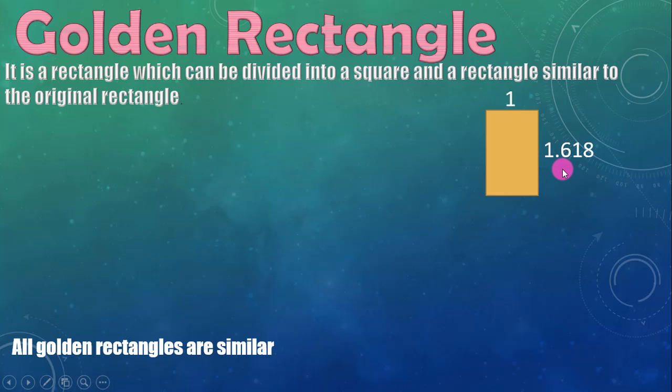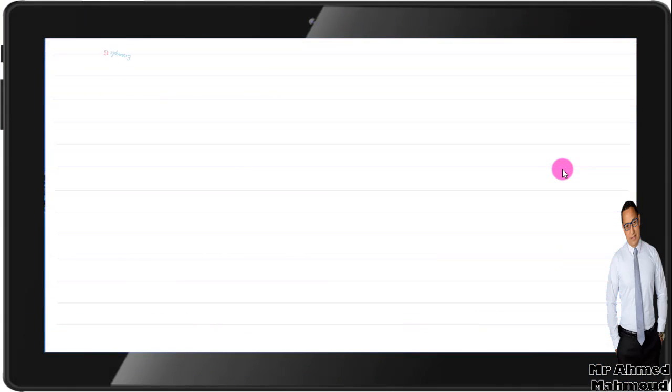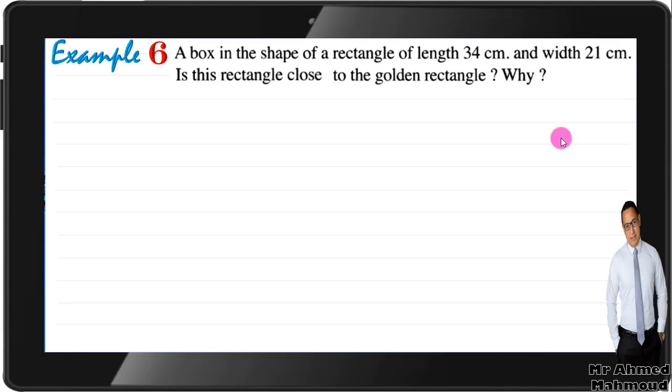Let's solve the next question. A box in the shape of a rectangle has length 34 and width 21. Is this rectangle close to a golden rectangle, and why? Okay, now I will make the ratio between the length and the width.